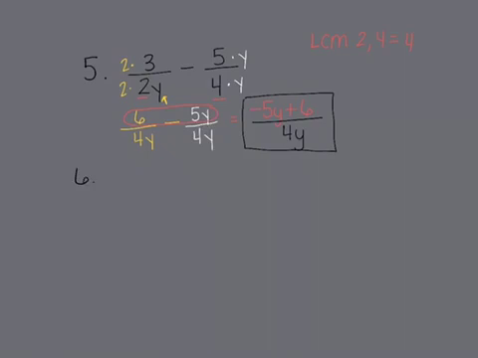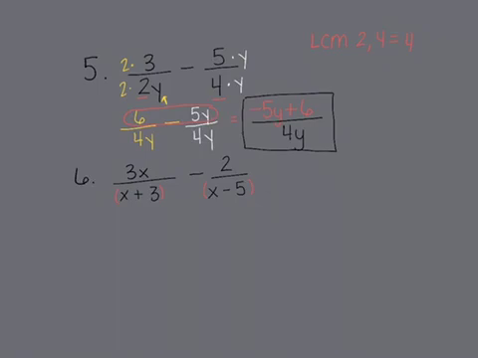Let's look at one with binomial denominators. So let's say we have 3x over x plus 3, and we're going to subtract 2 over x minus 5. So again, we have to think about these denominators as if they have parentheses around them.